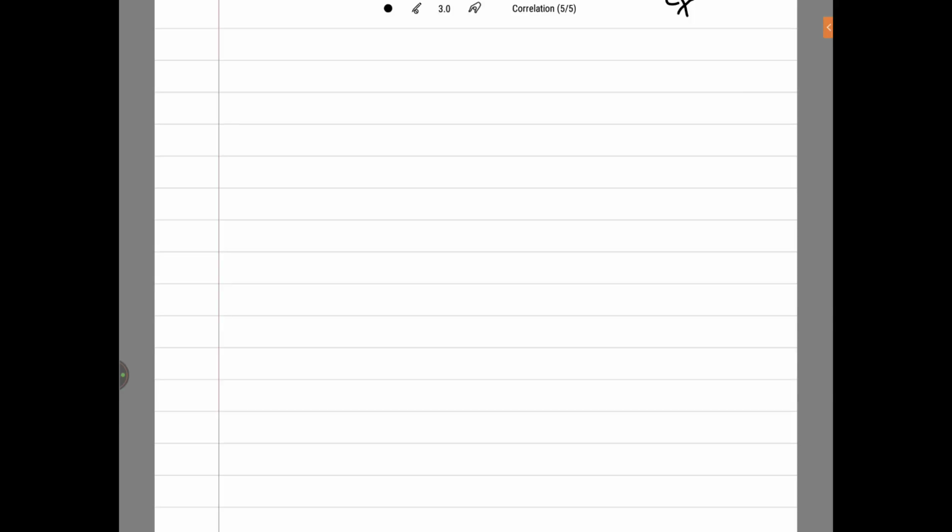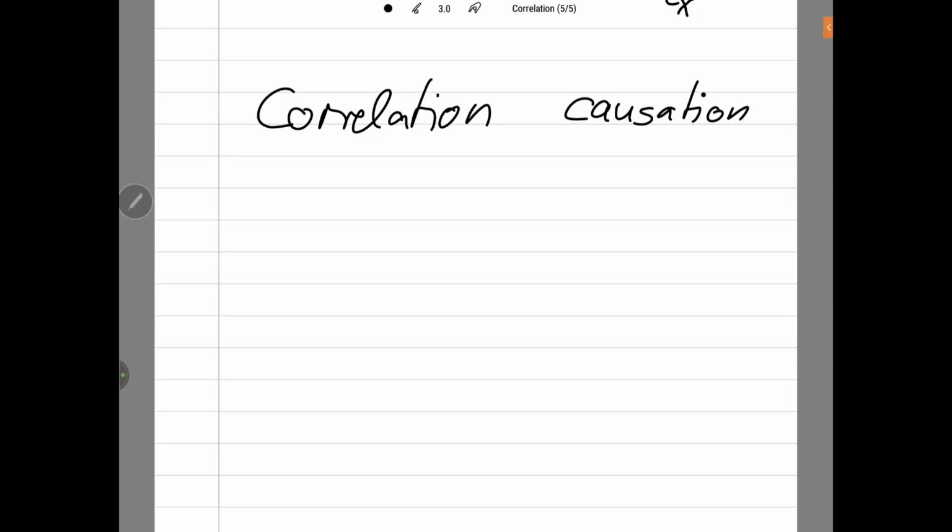It's a good thing to be 100 and... The other thing is that people confuse correlation with causation. And let me tell you a story about that.